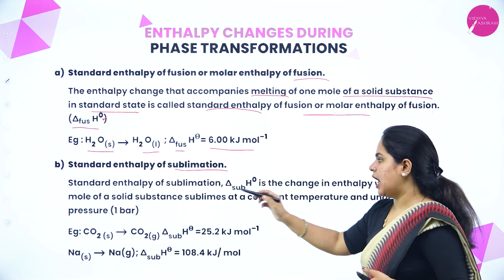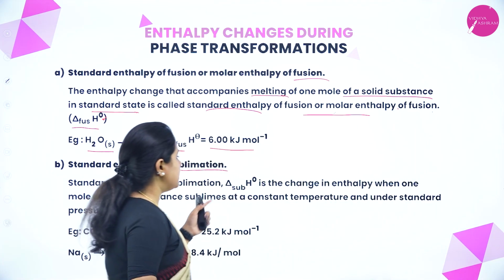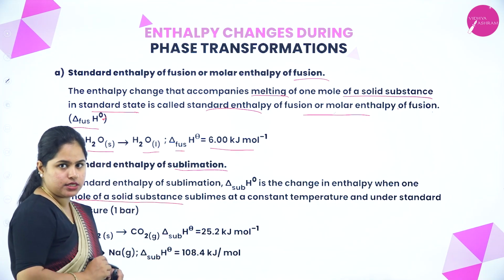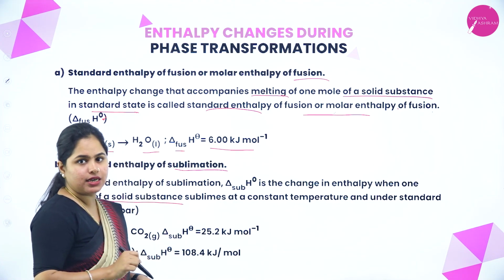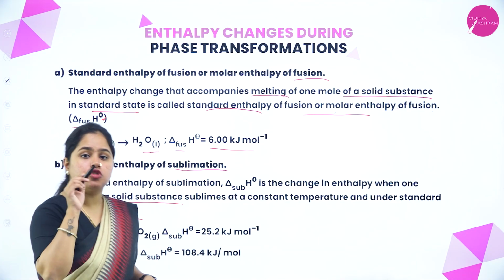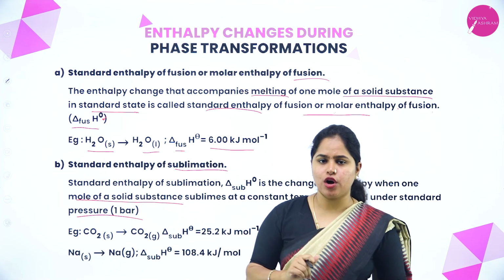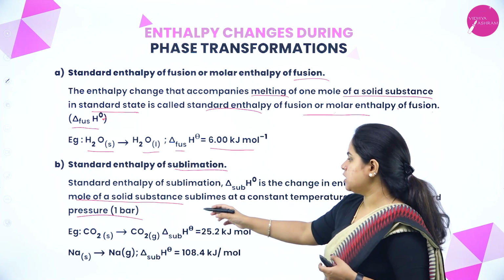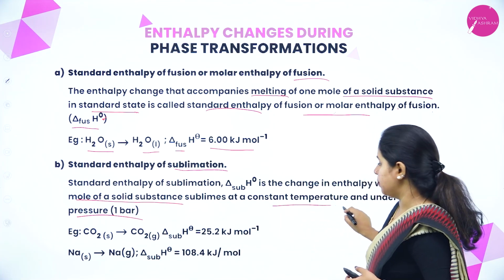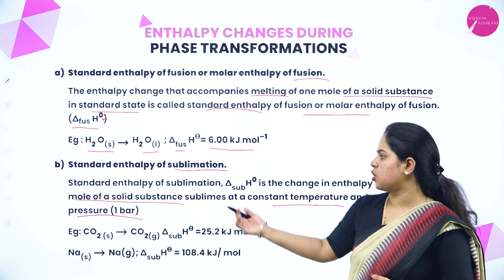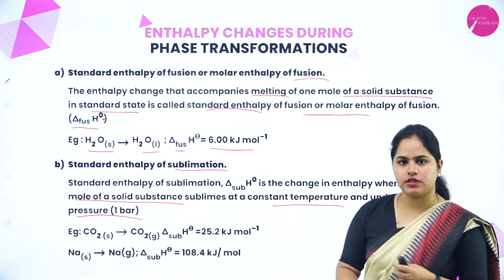So the standard enthalpy of sublimation is the change in enthalpy when 1 mole of a solid substance sublimes at a constant temperature and under standard pressure. So 1 mole of a solid substance in its standard condition, that means 1 bar pressure and constant temperature. When it sublimes, the enthalpy change associated is called standard enthalpy of sublimation.